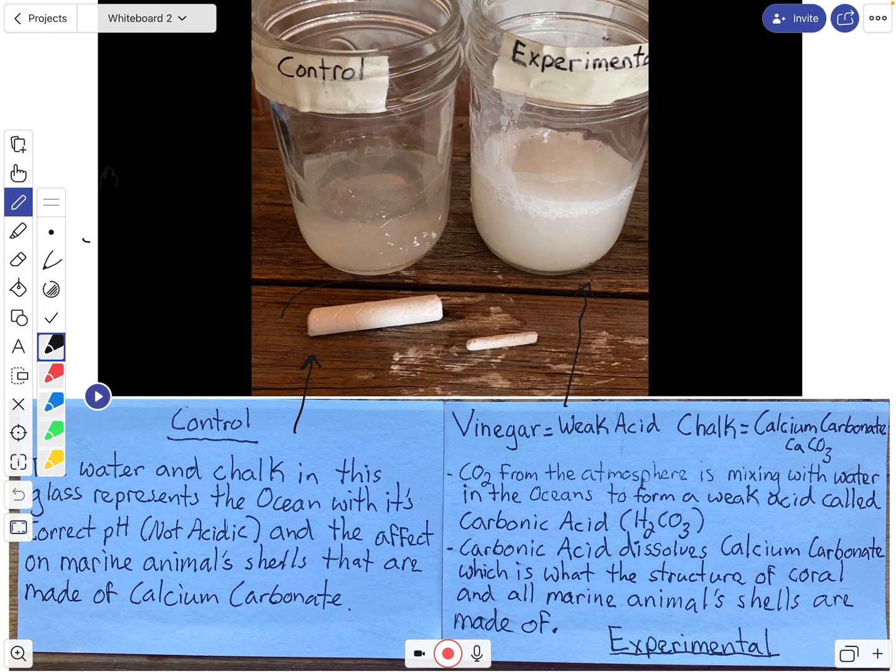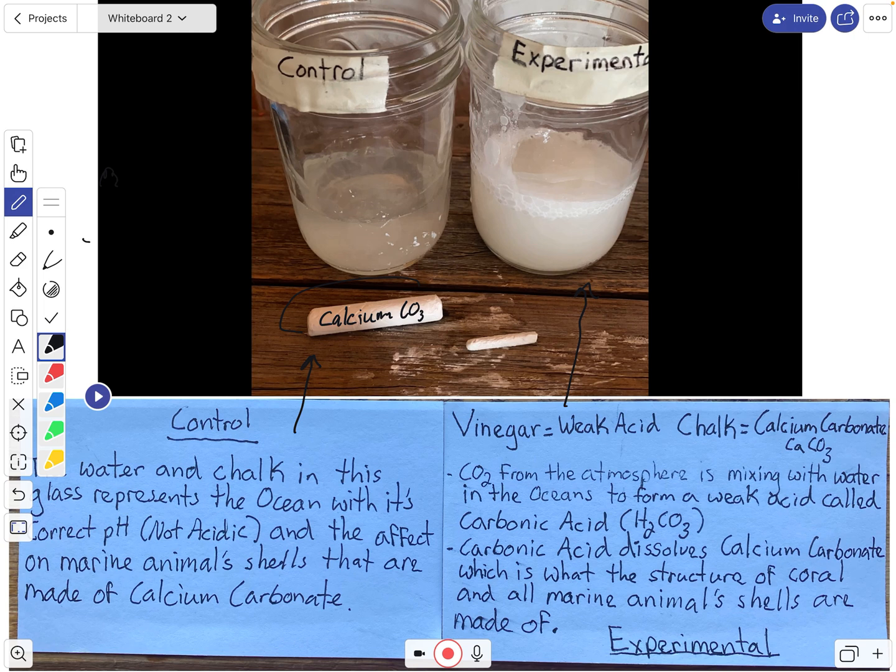Now it turns out that common chalk right here is made out of calcium carbonate, which is CaCO3. Now, the control is like the ocean with its normal and correct pH. And you can see what happens to the calcium carbonate when it's in the water.